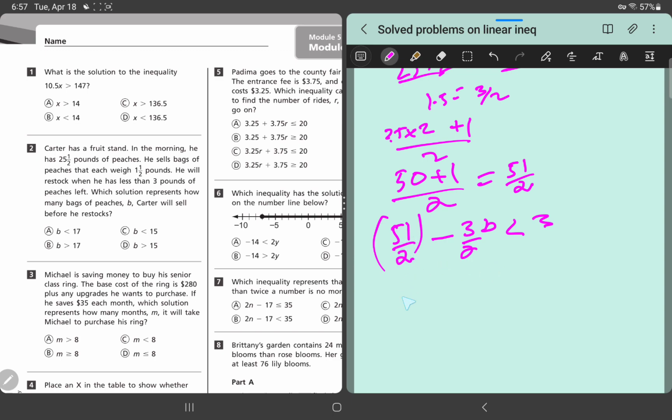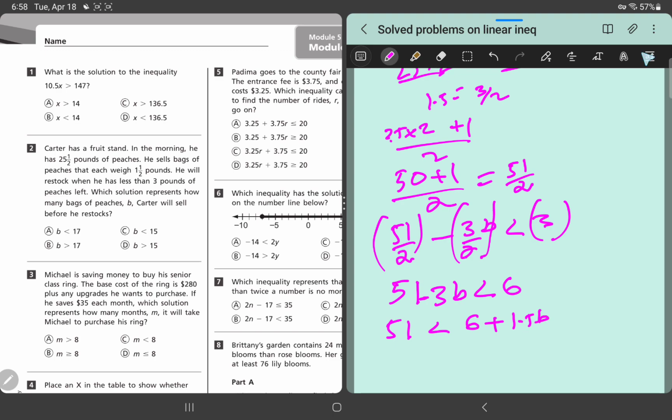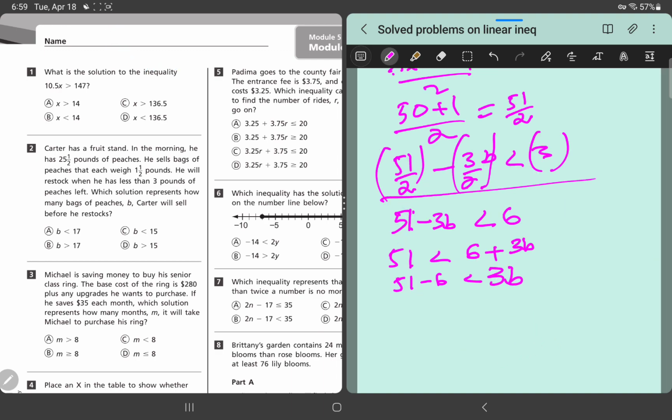When you multiply every term by 2, you cancel the denominators.